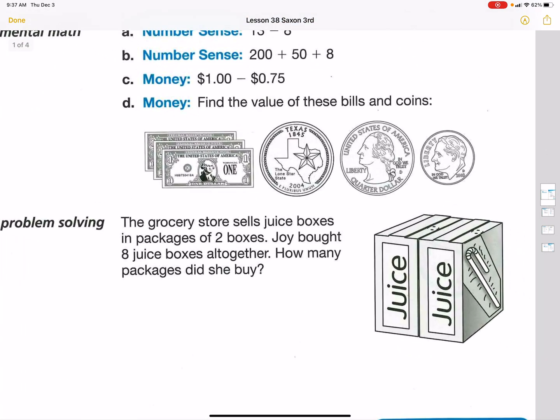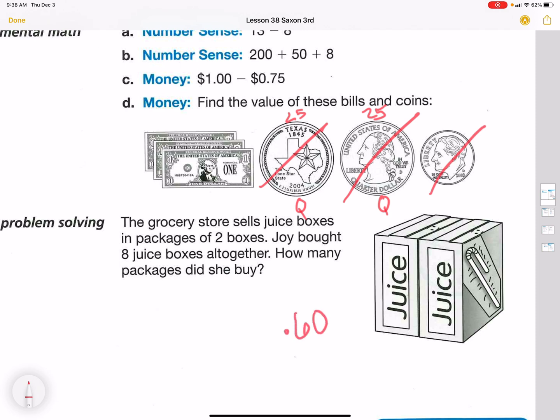One thing I do want to go over, though, is counting money right here on problem solving. Find the value of these bills in coins. This is a quarter, and it is worth 25, and we have 2 of them. So 2 quarters, a lot of us know off the top of our head, that's 50 cents, plus 10 is 60 cents.